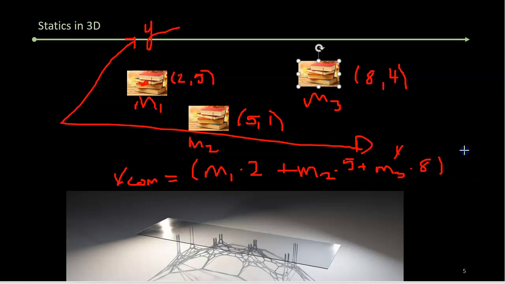All of that is going to end up divided by M1 plus M2 plus M3. And that's going to give you the X center of mass.